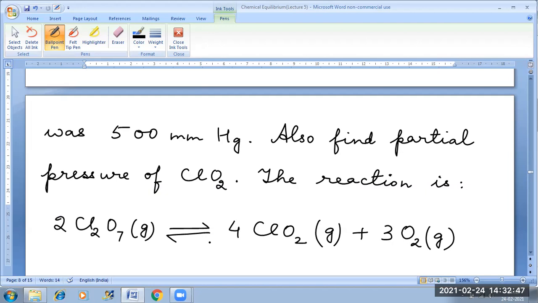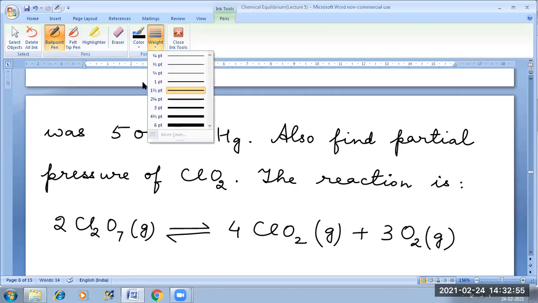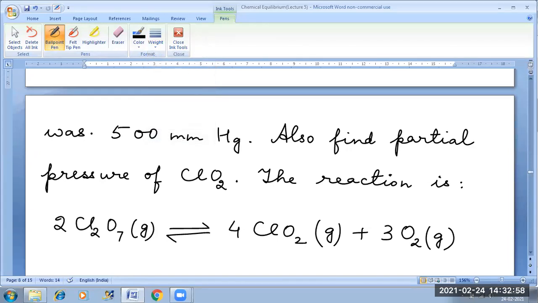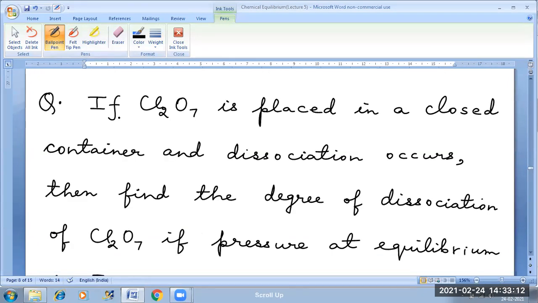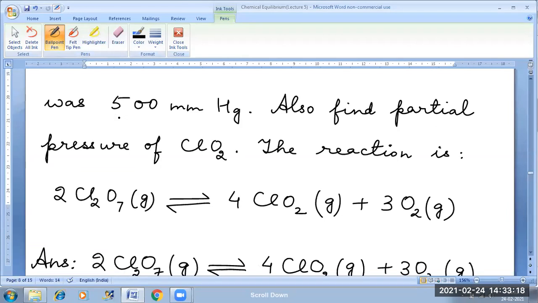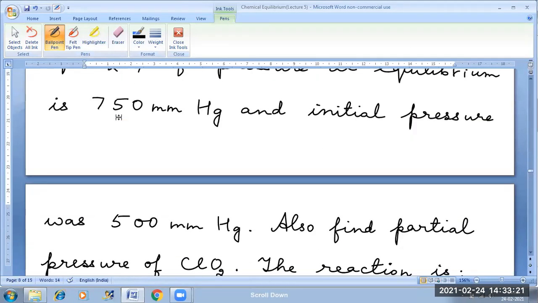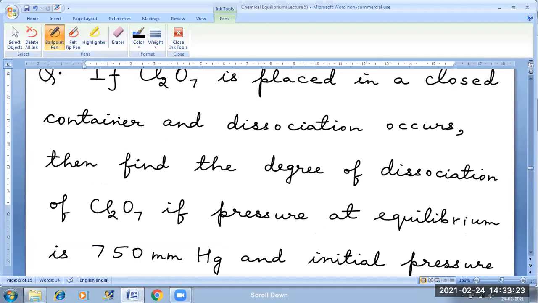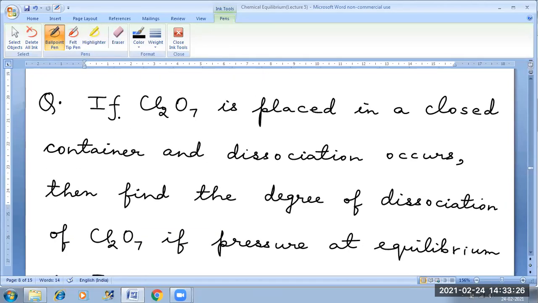The question has given the reaction. Okay, now see, in this question they have clearly mentioned that Cl2O7 is placed.